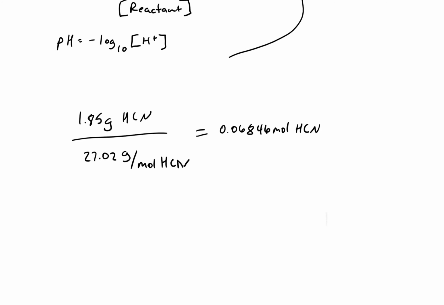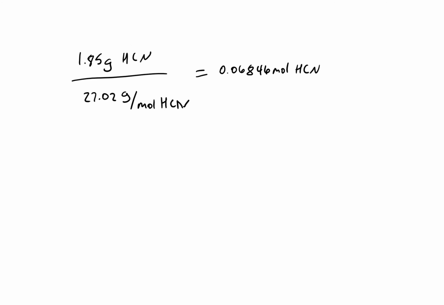Now, to calculate molarity, we have to take our number of moles, which is 0.06846 moles, divided by our total volume, which is 3.50 liters, and that is going to give us 0.01956 molar concentrated solution of hydrocyanic acid in water.